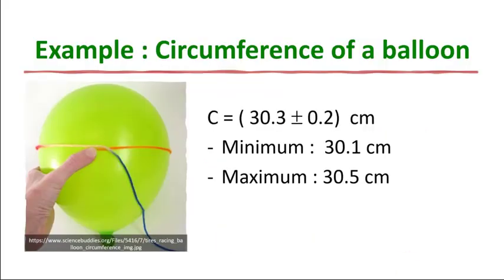To illustrate further, let us look at an example. Suppose you are asked to measure the circumference of a balloon with a string and ruler. So you use a string, tie it around the balloon, and measure the length of the string using the ruler. There will be many factors that contribute to the uncertainty in the reading. The ruler has a resolution of 0.1 cm. The string itself has some thickness.